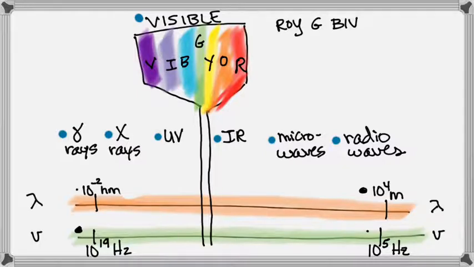So again, I'm going to ask you some questions. Within the visible light spectrum, which color has the highest frequency? Your answer is violet. Within the color spectrum, which color has the longest wavelength? Your answer is red.